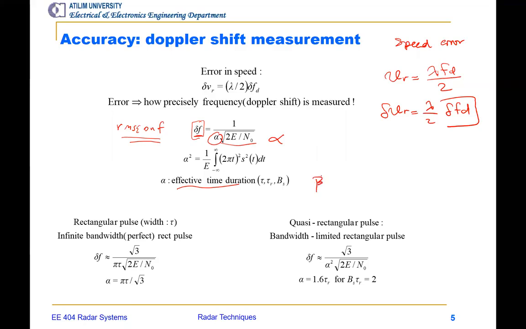Now we got effective time duration, and it's given with this formula. Again, the signal that we use is important. And we have two cases again, rectangular pulse and quasi-rectangular pulse. For each of these, we got a different alpha value, as you see here. And then for each of these, we got a different RMS error on frequency.